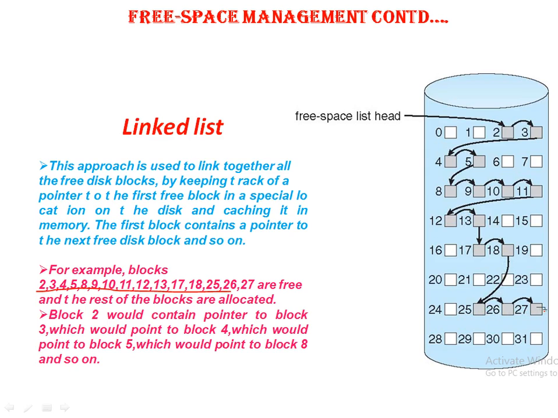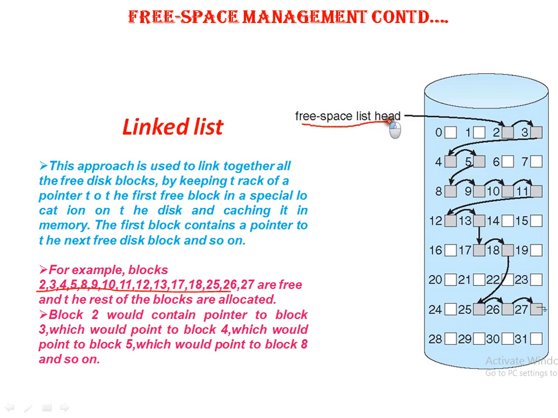All these are free blocks, and the remaining ones you can see in white all have certain data. They are allocated blocks. So block 2 would contain a pointer to block 3, which would contain a pointer to block 4 and so on, as you can see here.